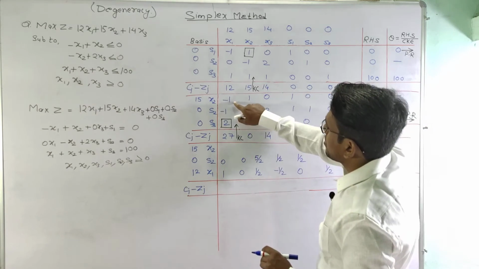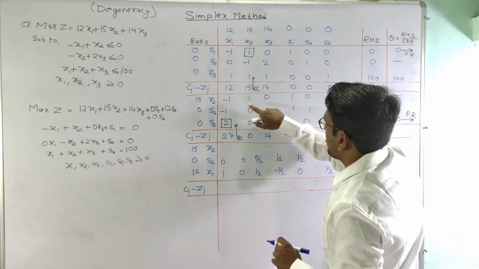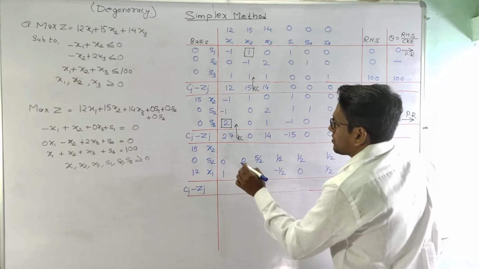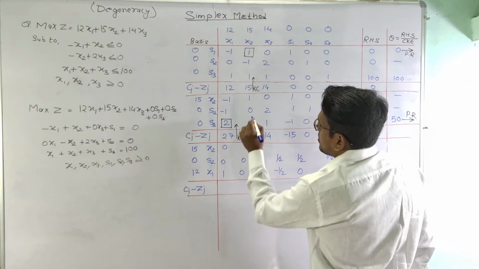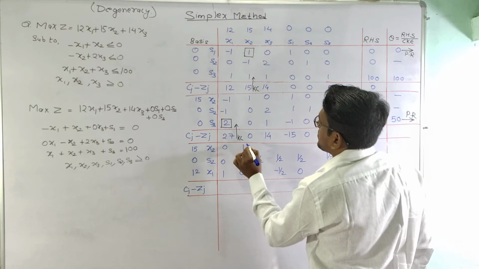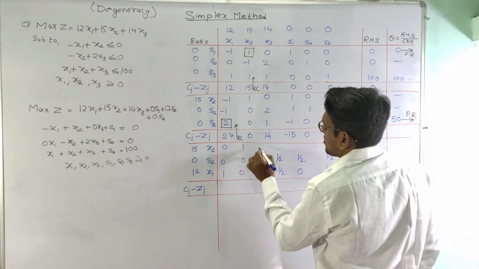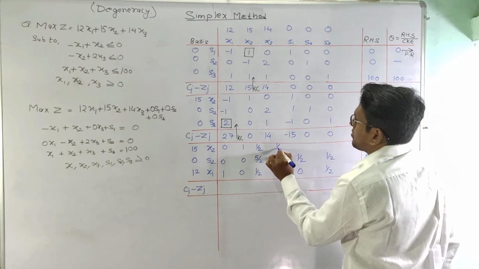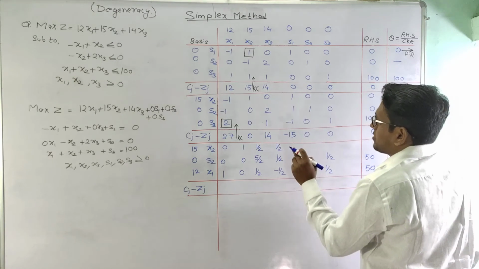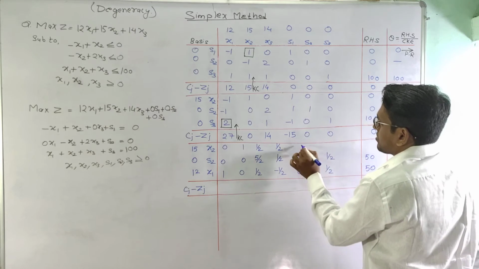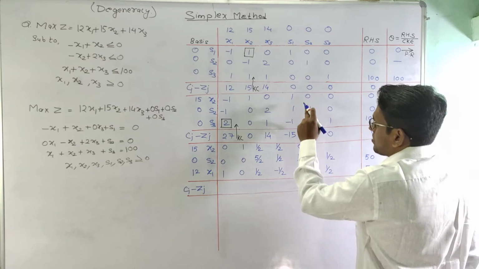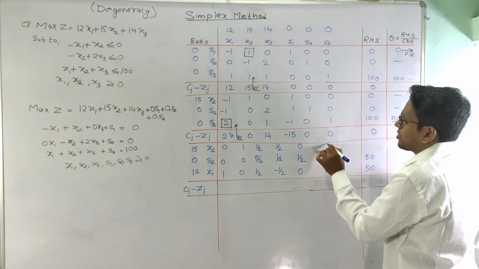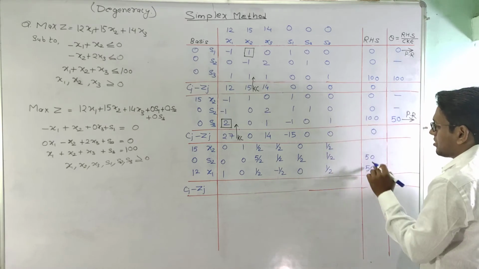Similarly, here also what I'll do is row 1 plus new row 3. So 1 minus 1 will be 0. So this will be 0, this will be 1, this plus this is 1 by 2, this plus this is 1 by 2, 1 minus 1 by 2 is 1 by 2, this plus this is 0, this plus this is 0, this plus this is 1 by 2, this plus this is 50.